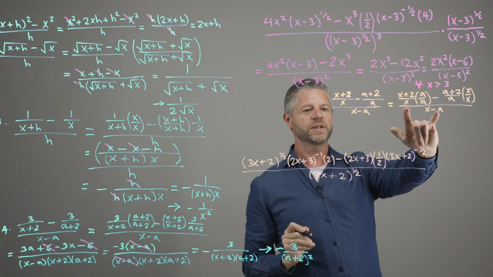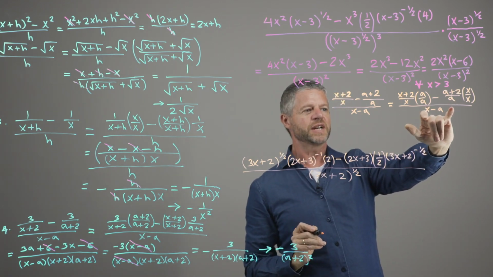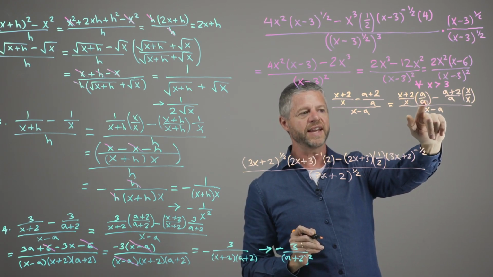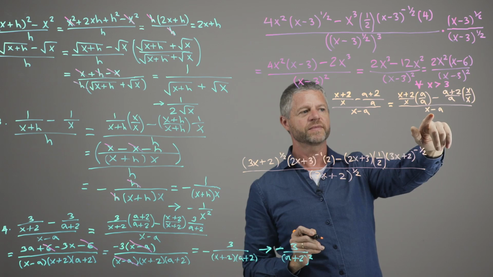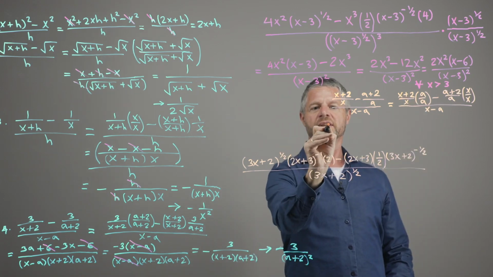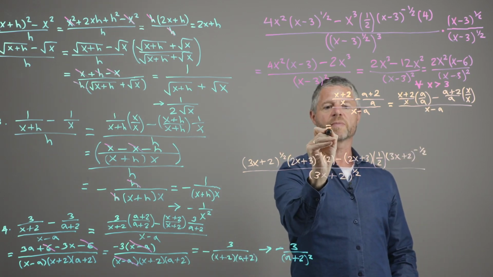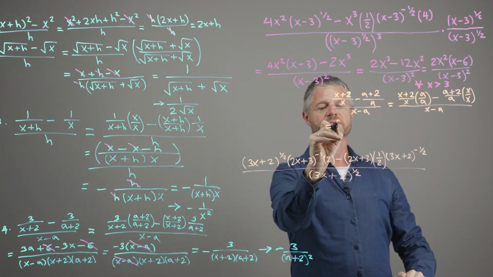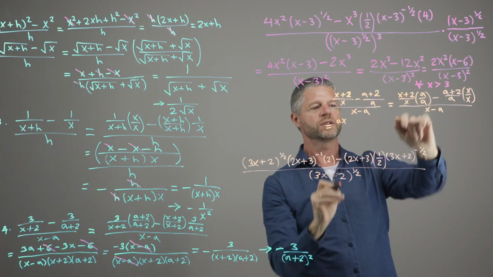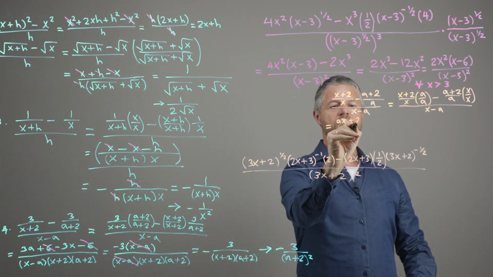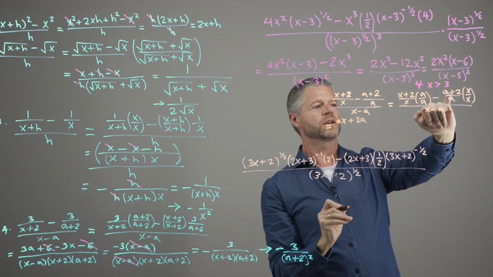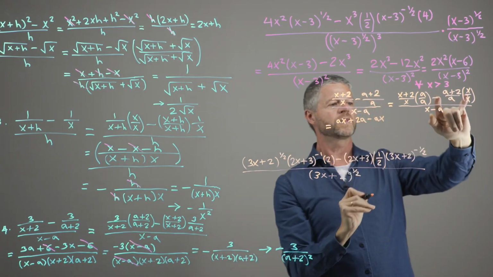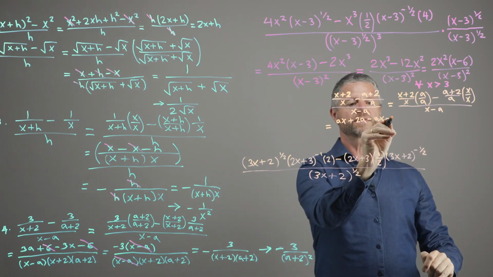And so in my denominator, I'm going to have xa and x minus a. And in my numerator, I'm going to have a times x, 2 times a, minus a times x, minus 2 times x.